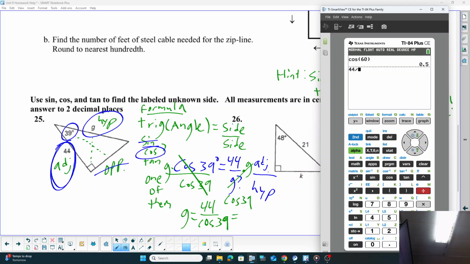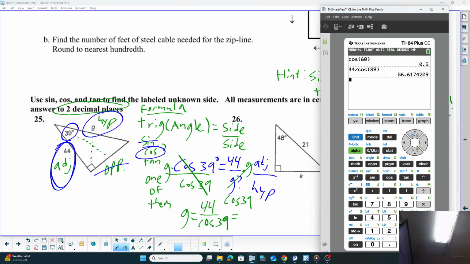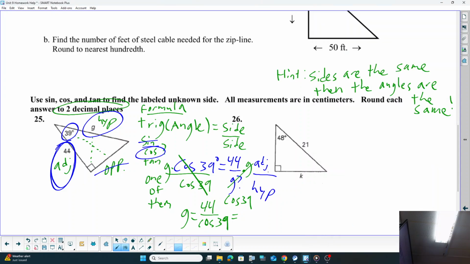So 44 divided by cosine of the angle 39 is going to give us 56.617. Round to 2 decimal places.